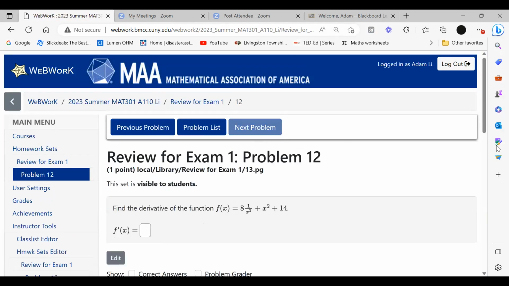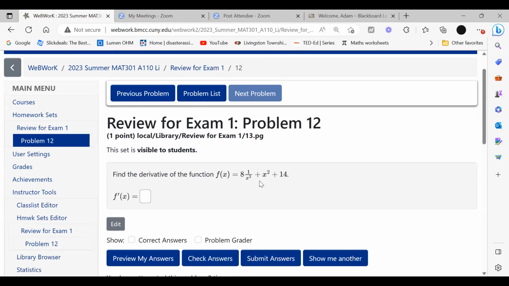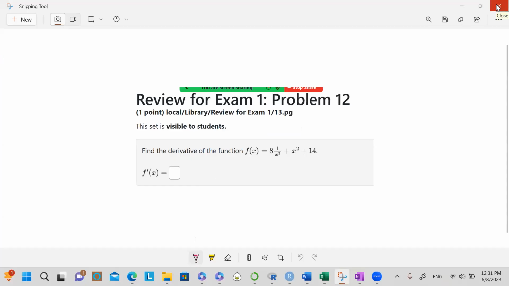And the last question. Find the derivative of this function right here. Let me copy the question really quickly. If you look at it, we have a function here.